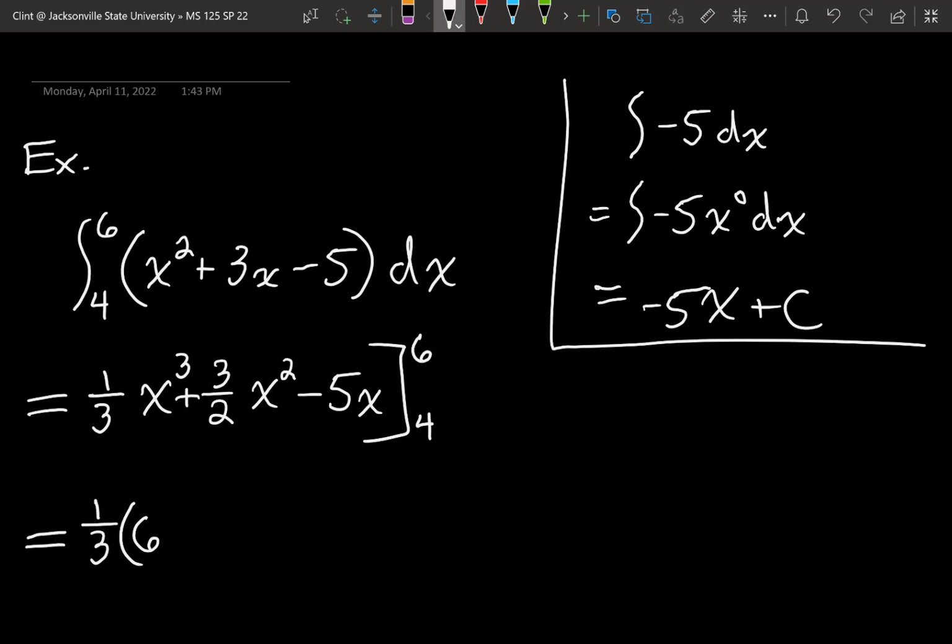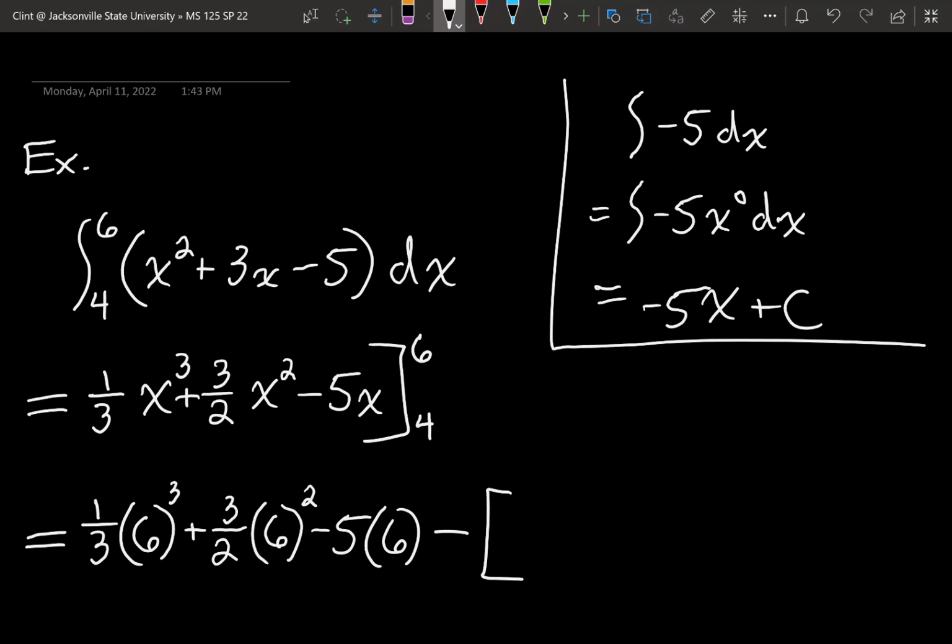Evaluating this thing, we would have 1/3 times 6 cubed plus 3/2 times 6 squared minus 5 times 6, minus, and then we'll plug in 4 this time. 1/3 times 4 cubed plus 3/2 times 4 squared minus 5 times 4.